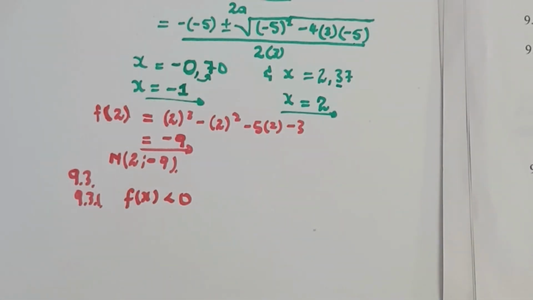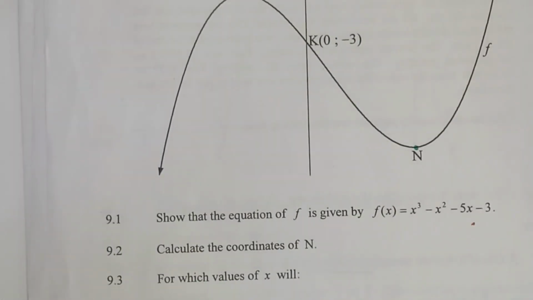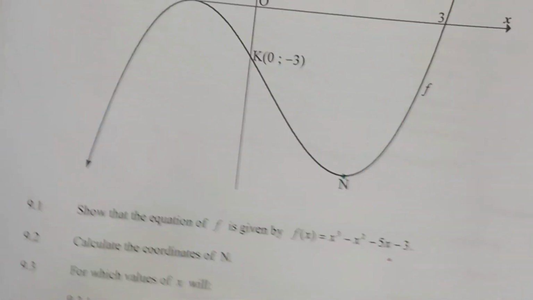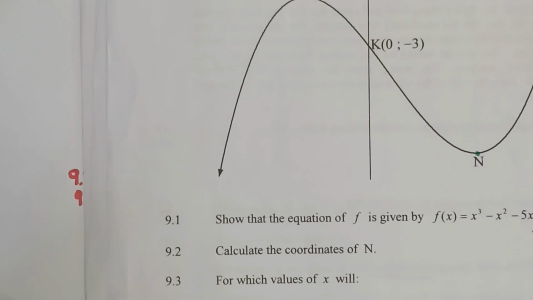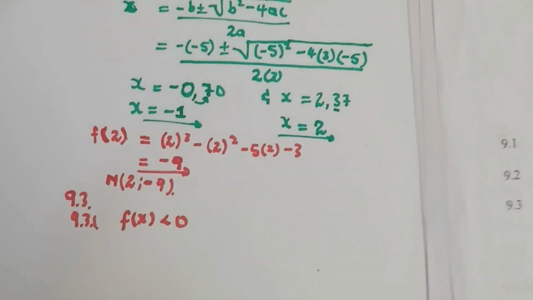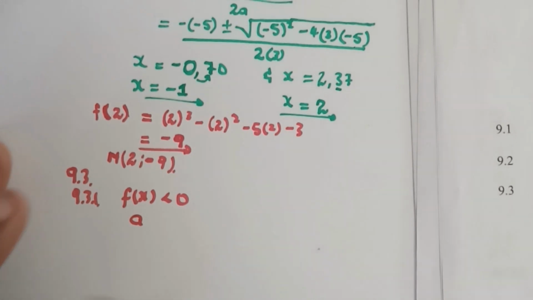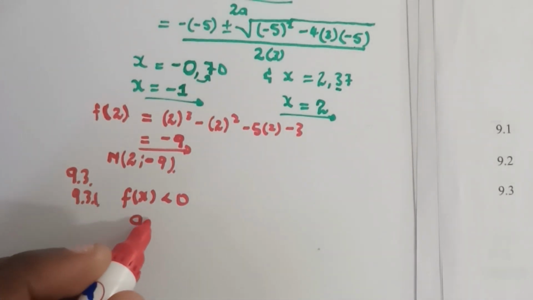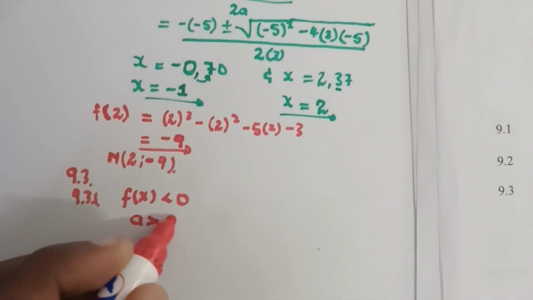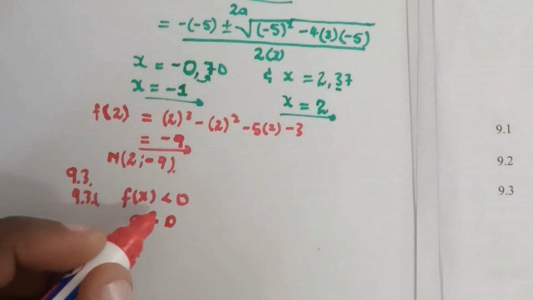So now let's just interpret our graph. If you can remember, for something to be greater than 0, let's say a, it should be positive.